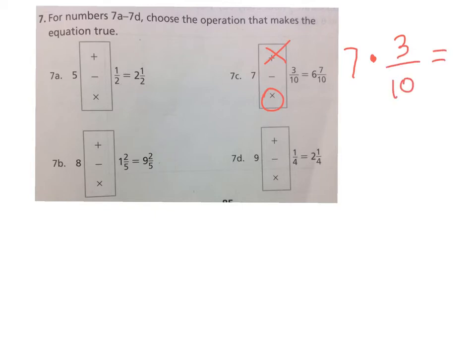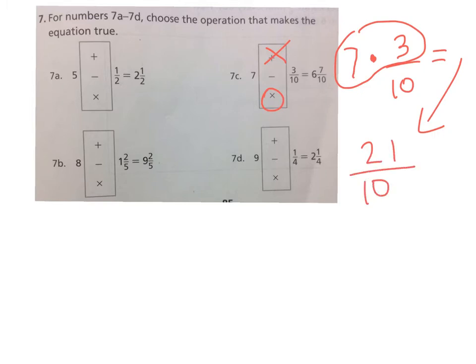We're going to multiply the whole number into the numerator, which is 21 over 10. So we know that 21 can be divided by 10. Let's work that out.